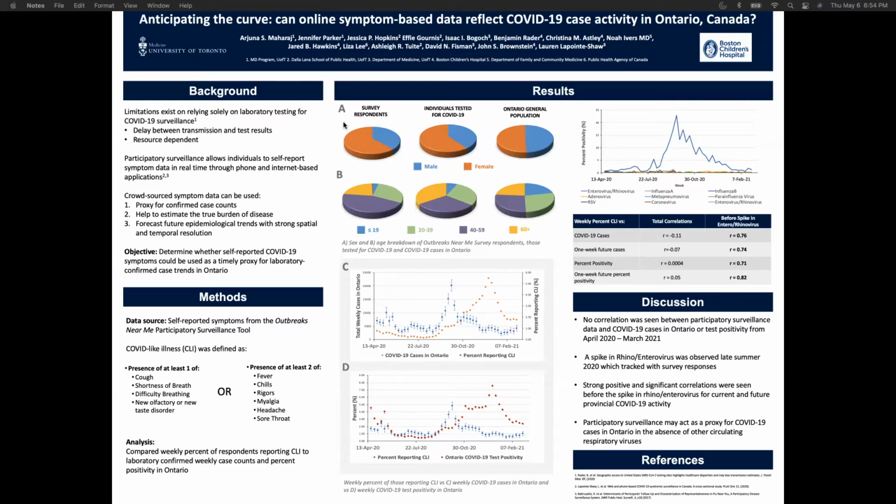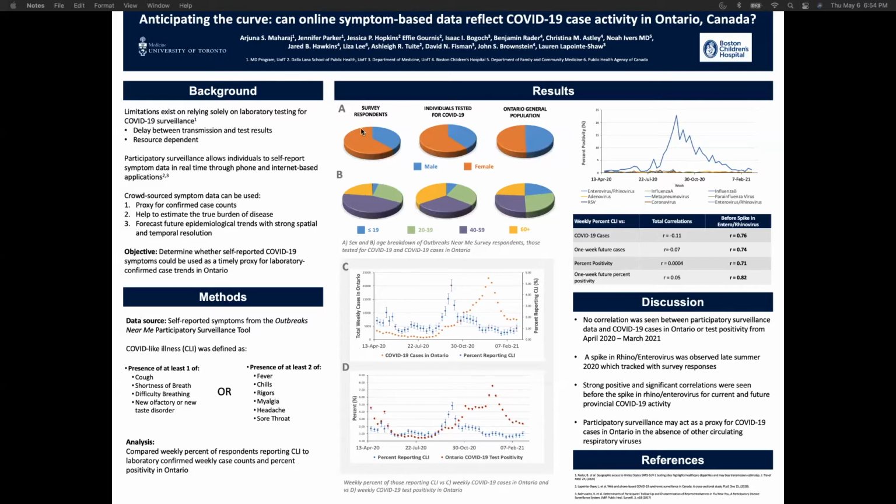If we look at some demographic data of our survey respondents, I'll turn your attention first to Figure A. Here we see the Ontario general population, and this is data from Stats Canada on a population estimate on July 1st, 2020. We see that there is a relatively 50-50 split between proportion of males and females in Ontario. This was slightly different for our survey respondents.